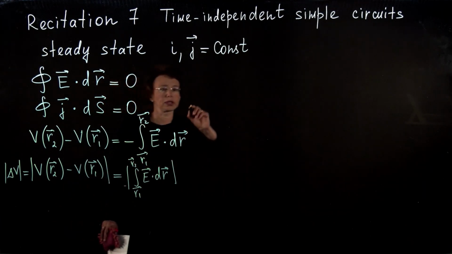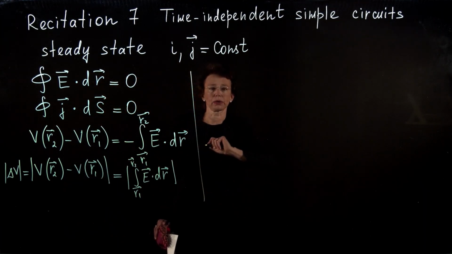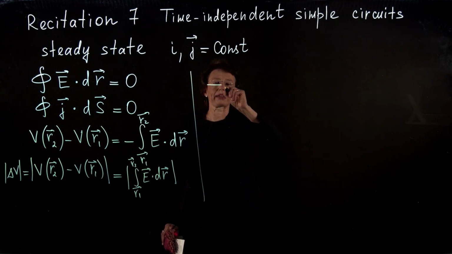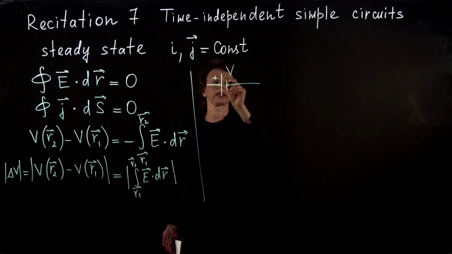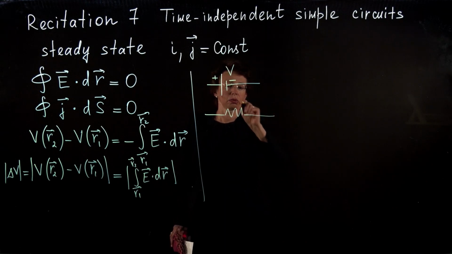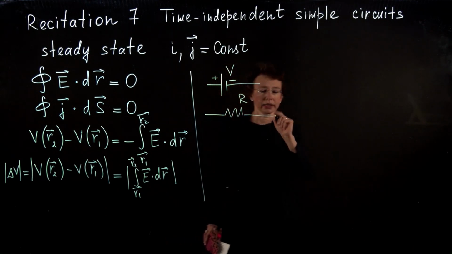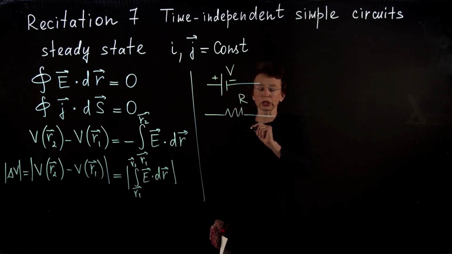Two more formulas that I need to remind you about. We will work with batteries, and we will denote the voltage across a battery as V. We will work with resistors. We will denote them as R. And I remind you about Ohm's law.